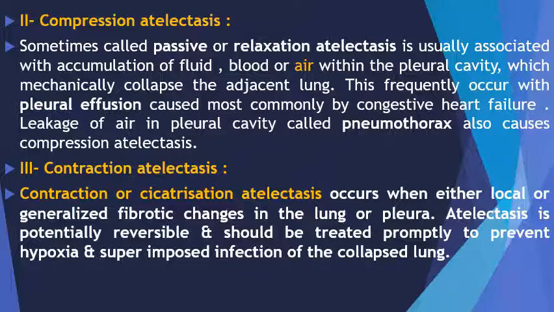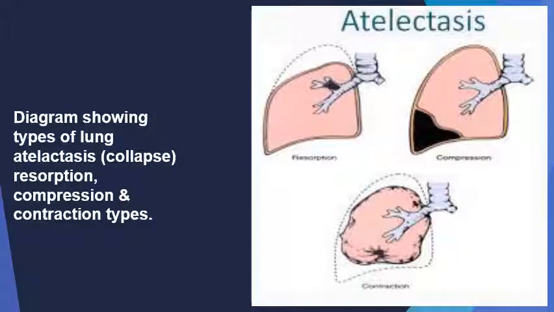This is a diagram showing the types of atelectasis. The resorption type is when something is blocking the bronchi; the compression type is when air, blood, or fluid leads to lung collapse; and the cicatrization or contraction type is caused by fibrotic changes.